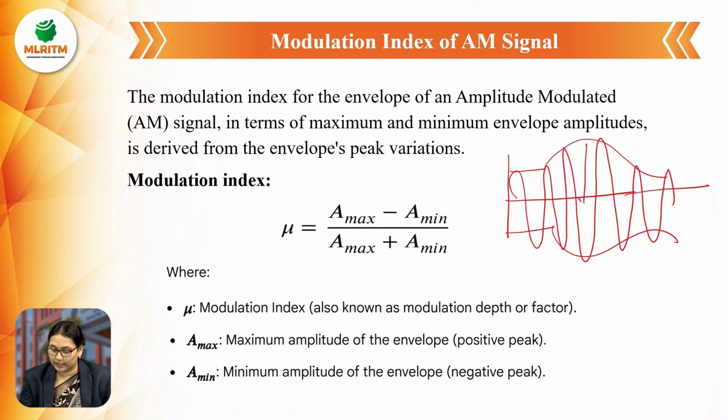Here is the maximum amplitude, which we call A max, and here is the minimum amplitude, which we call A min. Taking into consideration the maximum and minimum amplitudes of the AM wave, we can define the modulation index as mu = (A max minus A min) by (A max plus A min). Here mu is the modulation index, A max is the maximum amplitude of the envelope, and A min is the minimum amplitude of the envelope, which we have written here.